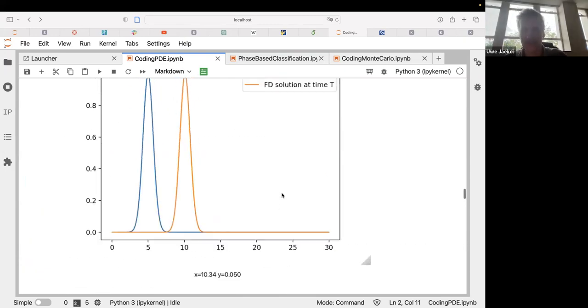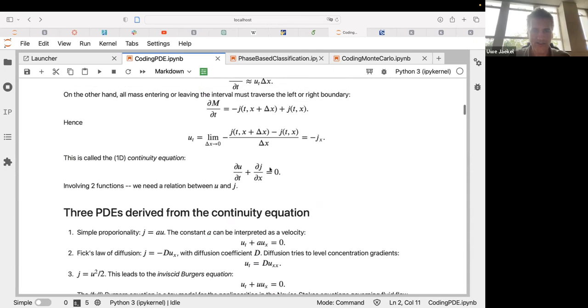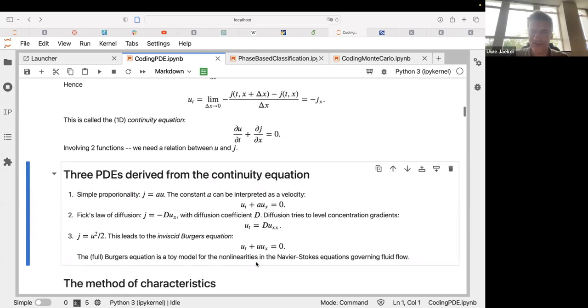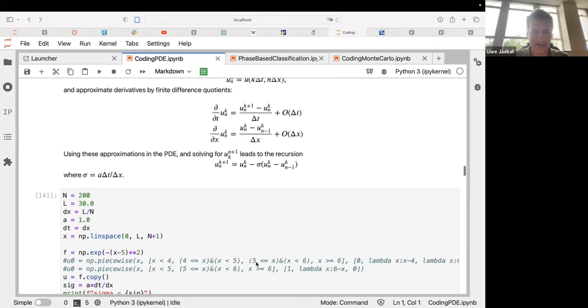Here's the continuity equation for one dimension. And if we set J equals u squared over 2, then we get exactly the same equation by the chain rule for taking derivatives.